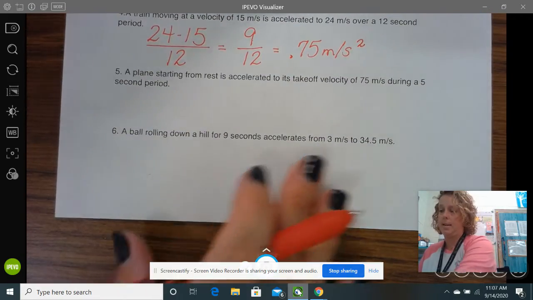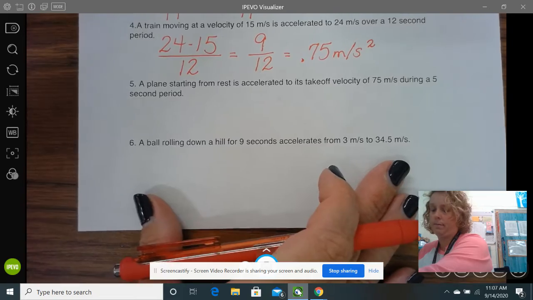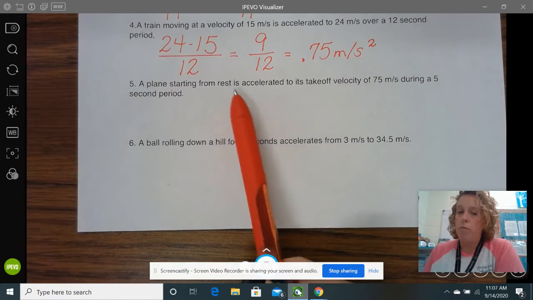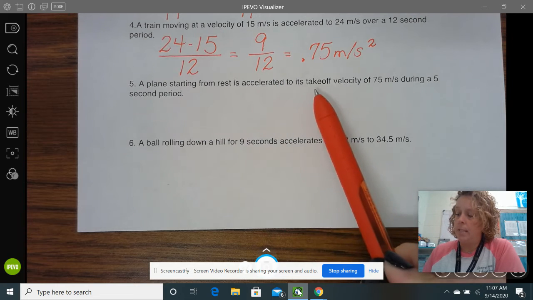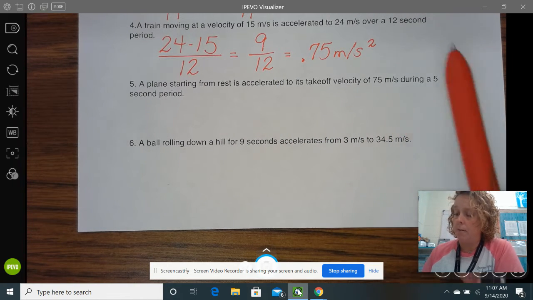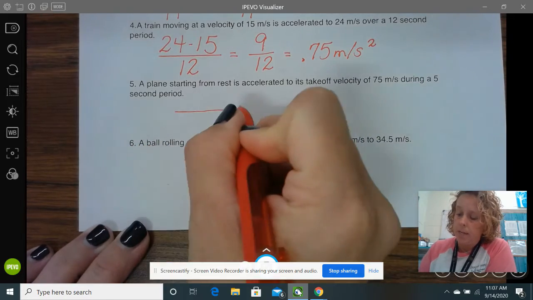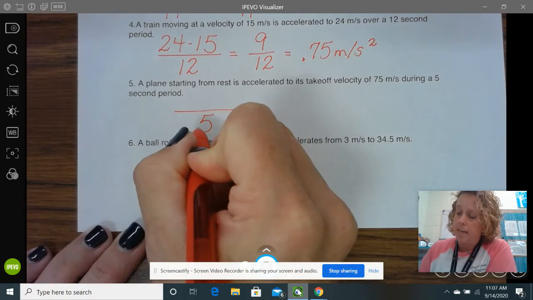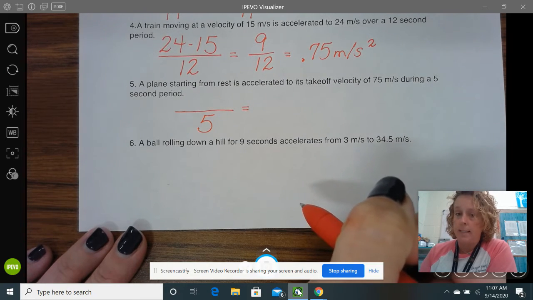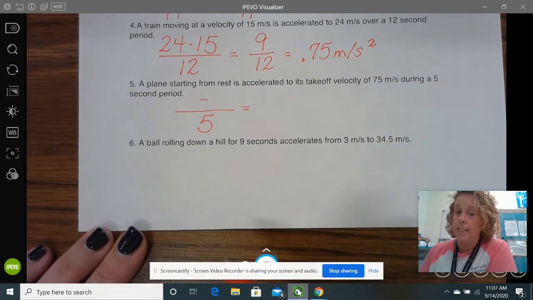I'm trying not to get it all crooked. There we go. A plane starting from rest is accelerated to its takeoff velocity of 75 meters per second during a 5-second period. Okay, we immediately pick out the time. So starting from rest, we know that that's going to be 0.